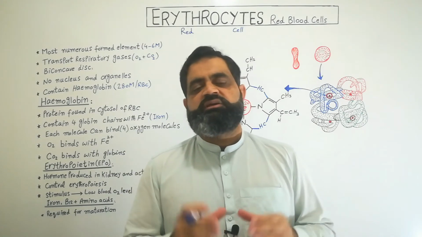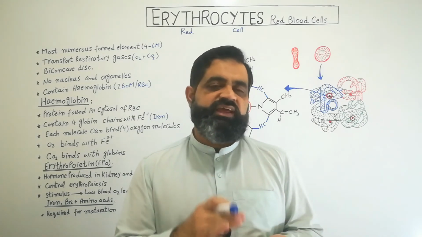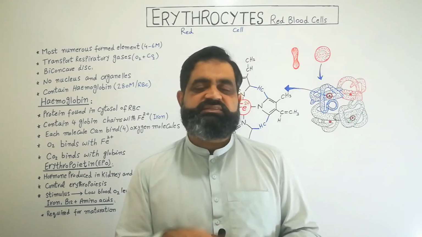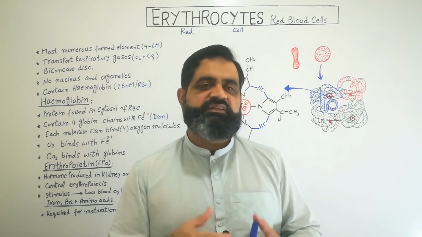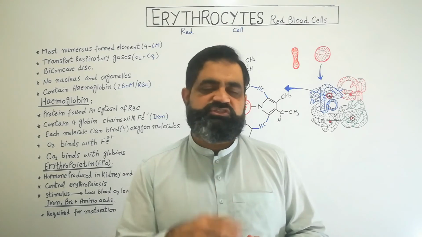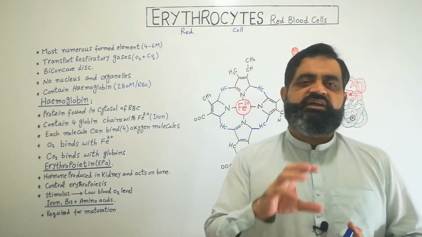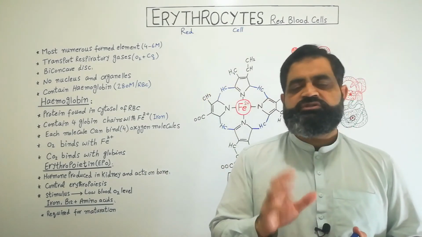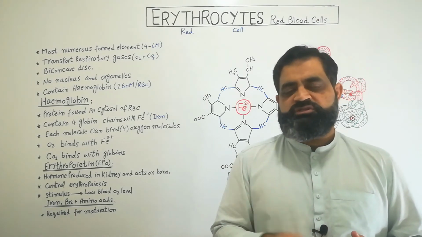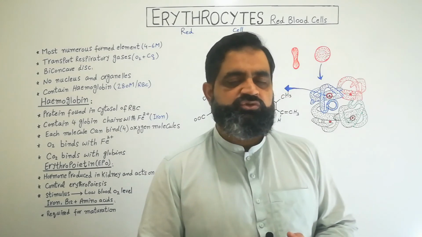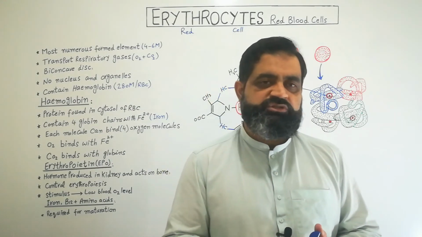Which bones? Flat bones, which have red bone marrow, like the sternum in your chest, like the vertebrae in your vertebral column, like the ribs, the flat bones which contain red bone marrow, where erythropoiesis can start. Erythropoiesis is the formation of red blood cells, which is also known as hematopoiesis. You can also watch my video on hematopoiesis, a very good lecture.